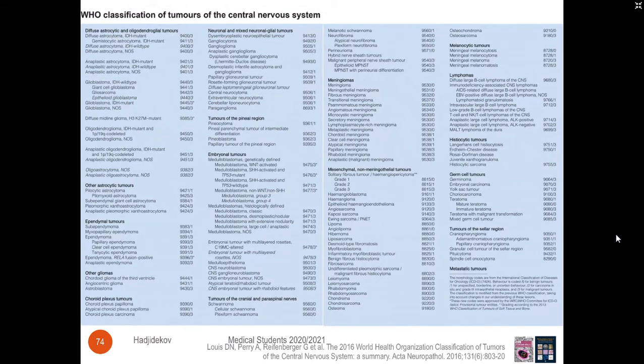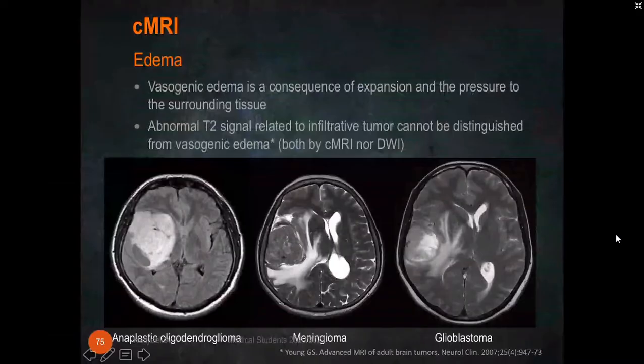You see all the list with the codes of the different tumors. So those are diffuse astrocytic gliomas, other astrocytic tumors, ependymal tumors, other gliomas, then mixed tumors, tumors of the pineal region like pineocytoma or the other ones, embryonal tumors, meningiomas, mesenchymal tumors, lymphomas, and so on. You see the list is very, very long.